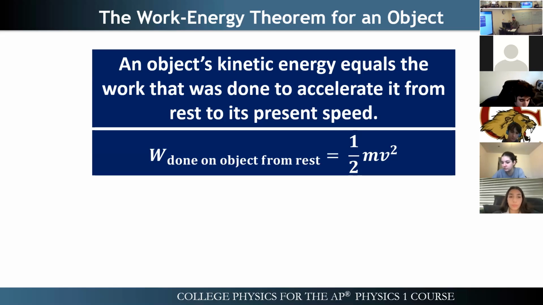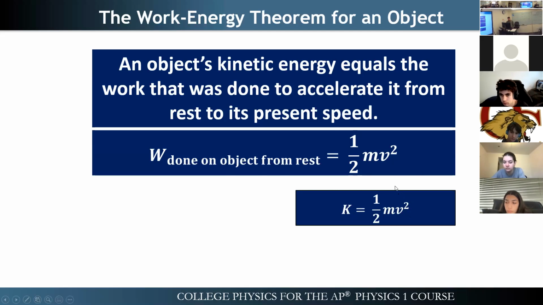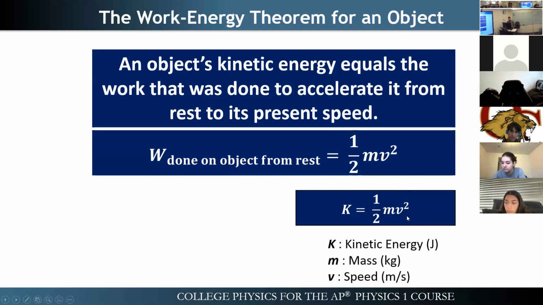And that's where the whole kinetic energy equation comes from. Just saying the work done equals the kinetic energy change. So knowing that the kinetic energy is 1/2 mv squared and work and kinetic energy are equal, that's what the work will be as well. So we can use that equation for finding work or finding kinetic energy.